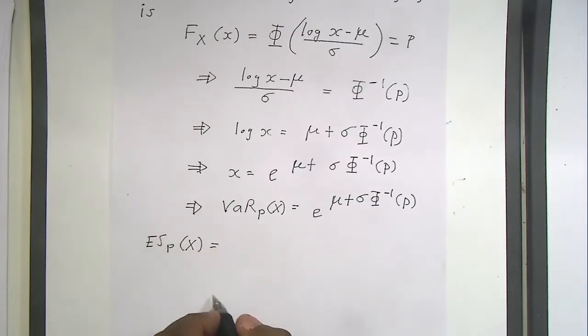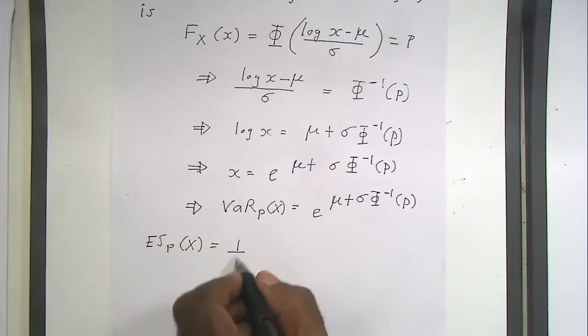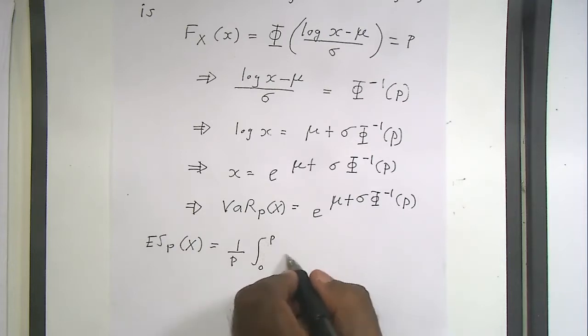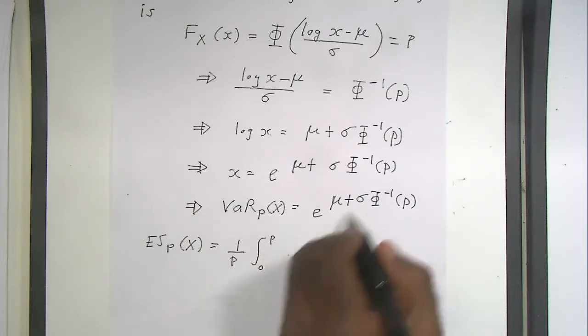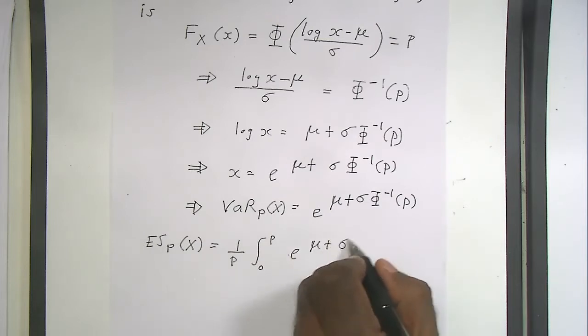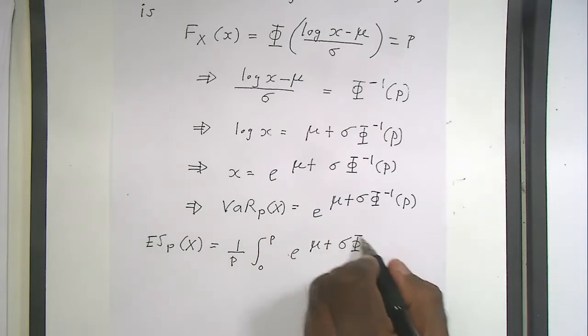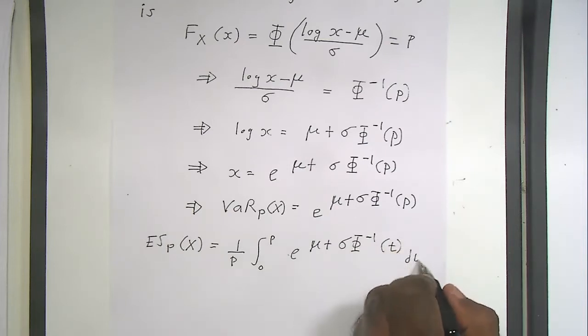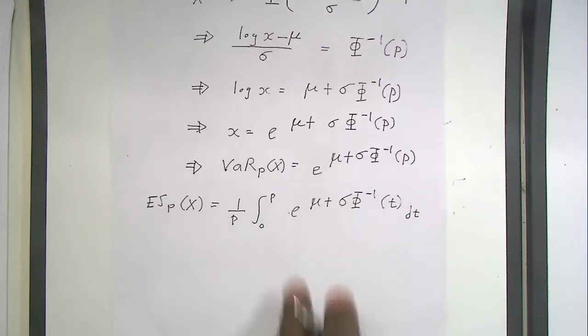remember the formula for ES is 1 over p times the integral from 0 to p of this one, which is e to the. Okay, and you can simplify a little bit.